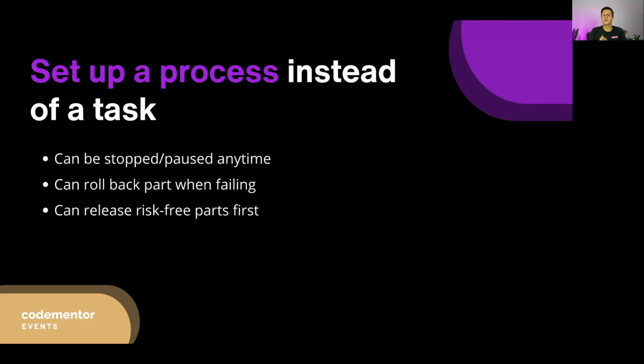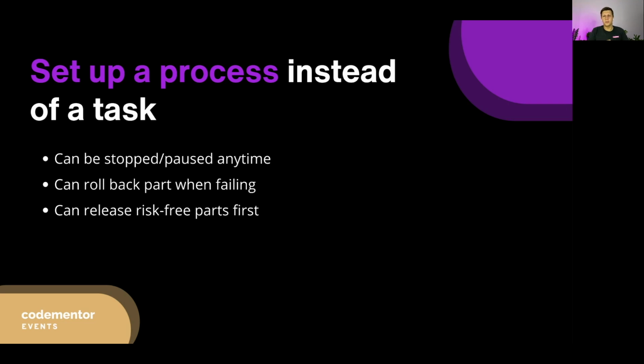We also can control risks using that process because we can prioritize application parts. At the beginning we can pick the safest parts, the risk-free parts, and when we catch all the problems with the design and the way we deliver this application, we can come to the more valuable pages.